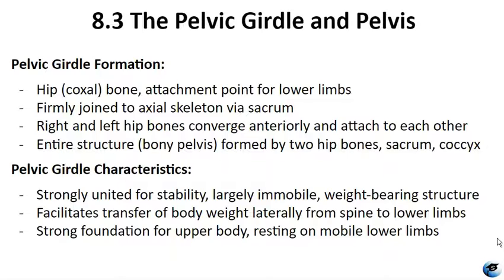In terms of characteristics, the pelvic bones, unlike the highly mobile bones of the pectoral girdle, are strongly united to create a stable and largely immobile weight-bearing structure. This immobility is vital, allowing the easy transfer of body weight laterally from the vertebral column to the lower limbs. The stability of the pelvis provides a robust foundation for the upper body, which rests on the mobile lower limbs.